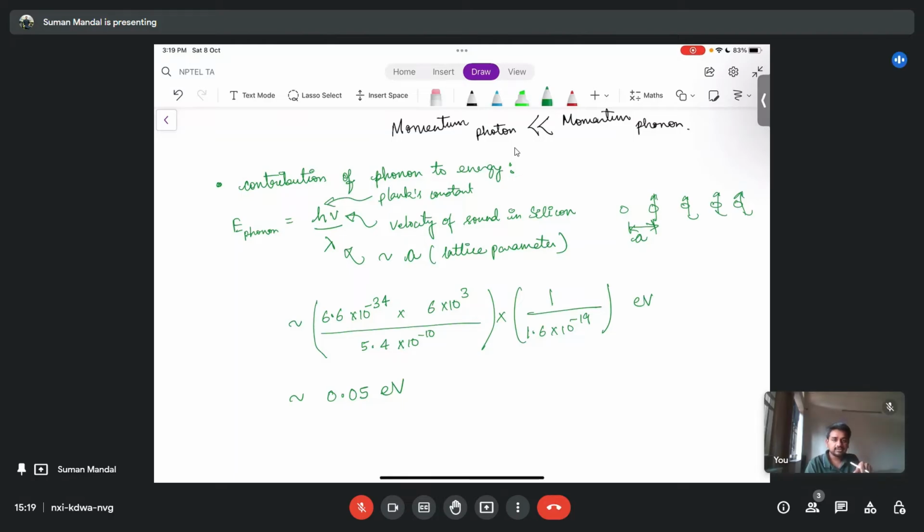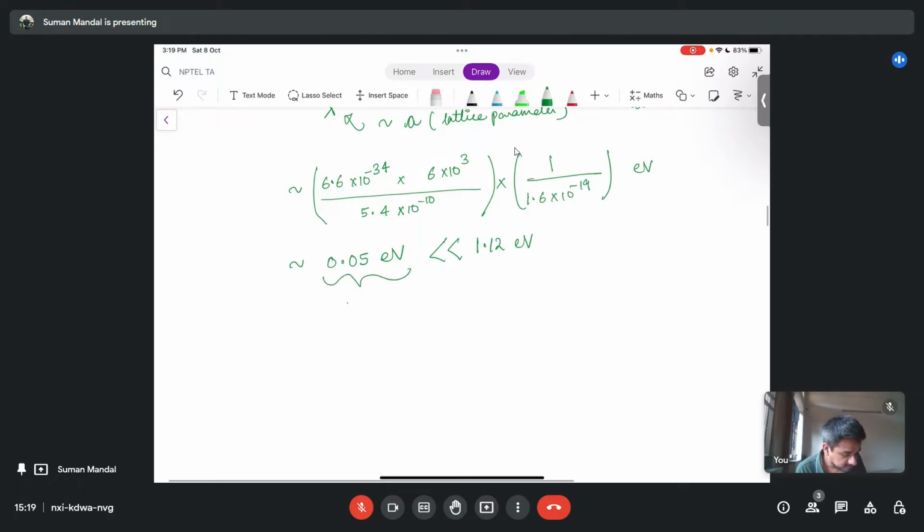And this is much smaller than 1.12 eV, the band gap, which is supplied by the photon. This is of the phonon, sorry, and this is of the photon. So that's why the energy of the phonon is much smaller than the energy of photon.